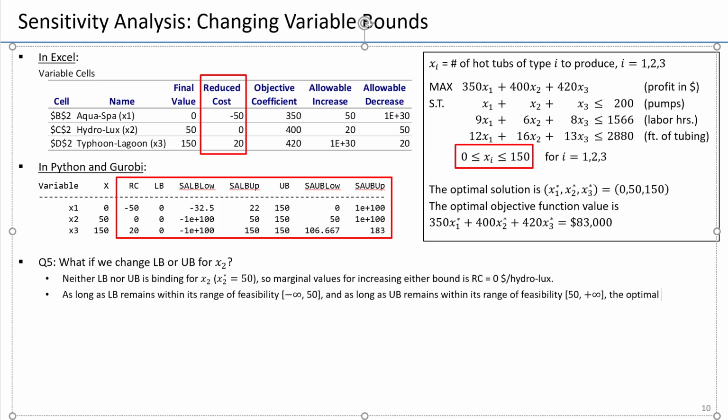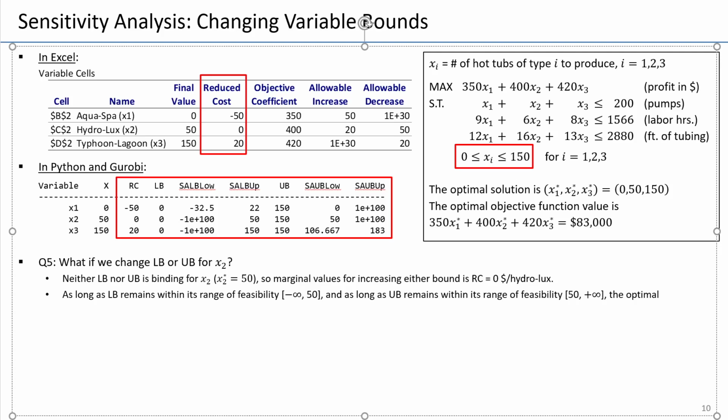We know this because reduced cost is 0. So whatever increase, decrease here, lower bound or upper bound within this range, the impact will be 0 on the optimal objective function value. And also we will be changing the bounds of non-binding constraints, but without exceeding 50 for lower bound or going below 50 for the upper bound.